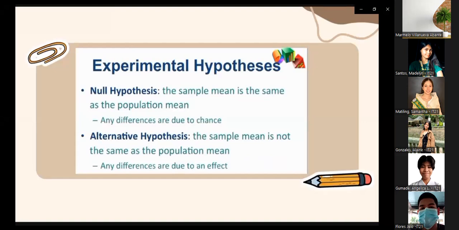Null hypothesis: the sample mean is the same as the population mean, and any differences are due to chance. Alternative hypothesis: the sample mean is not the same as the population mean, and any differences are due to an effect.